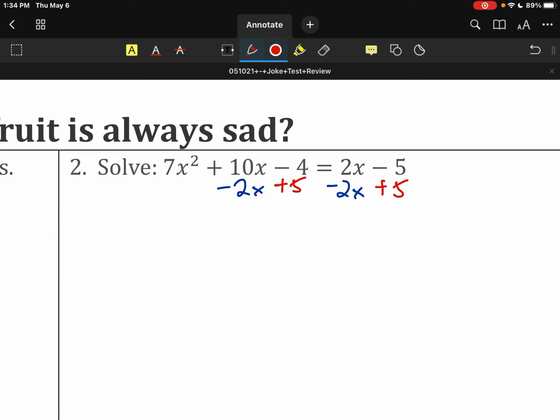Okay, because we want nothing on this side. We want 0 over here. Okay, so then you're left with 7x squared plus 8x plus 1 equals 0. So you can do this, I believe, quadratic formula or factoring if you choose.